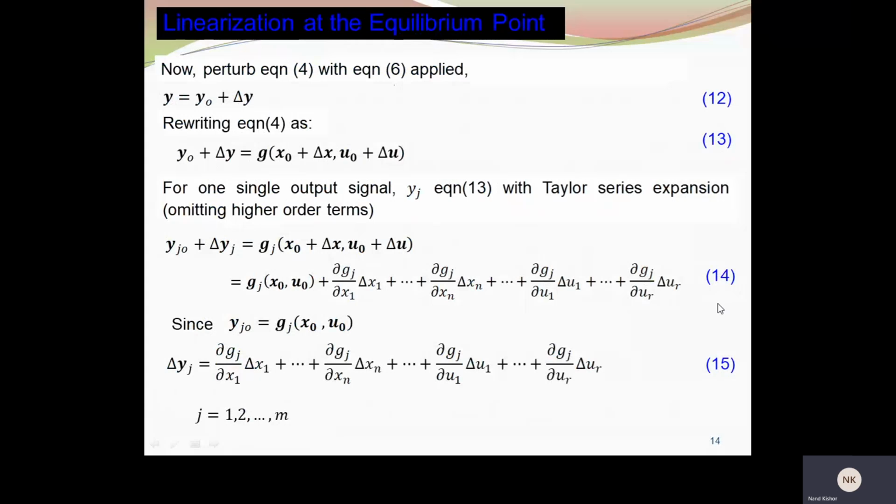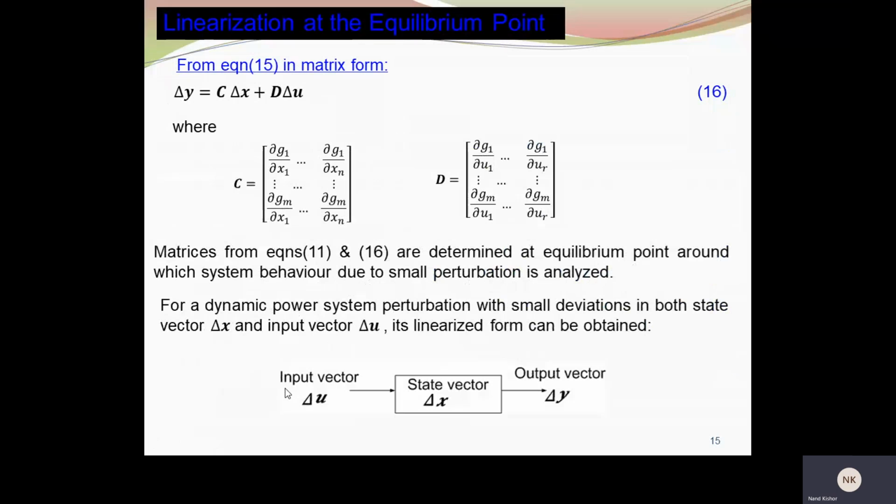We can write it as 14 here. And then we finally write the equation as 15 for j equal to 1 up to the number of output variables m. We have it here. So we move to the next slide now.